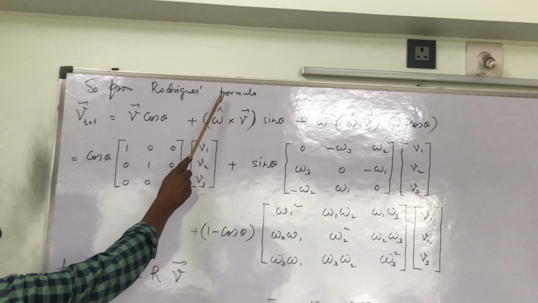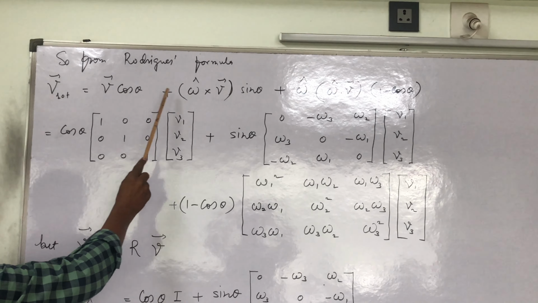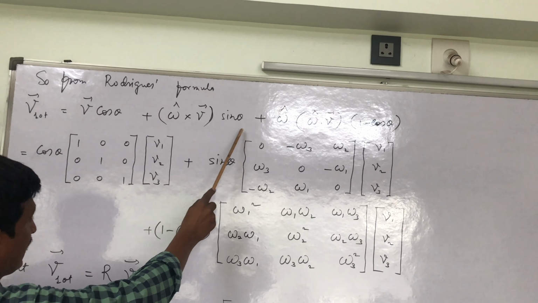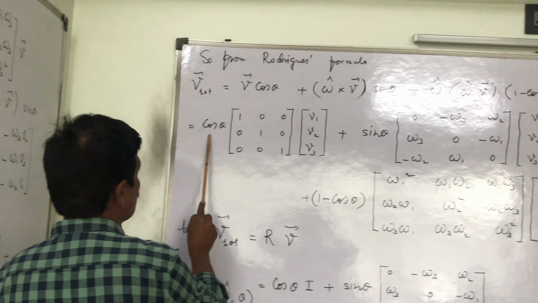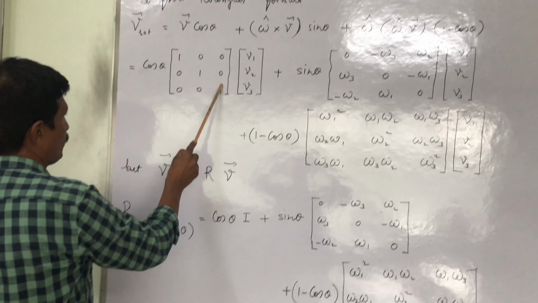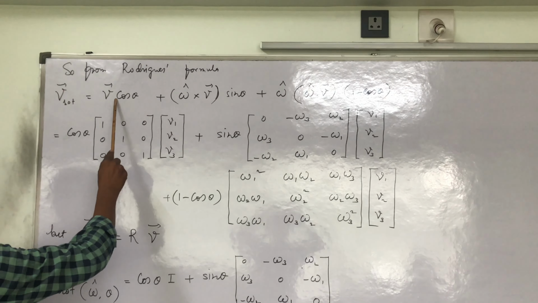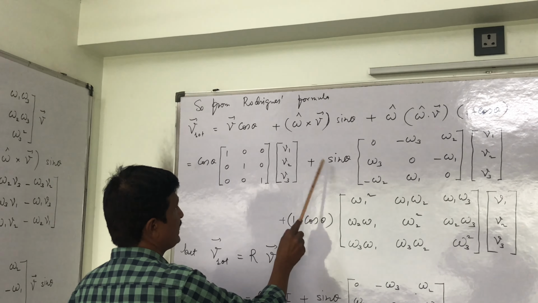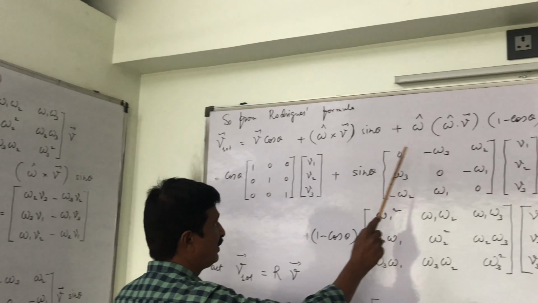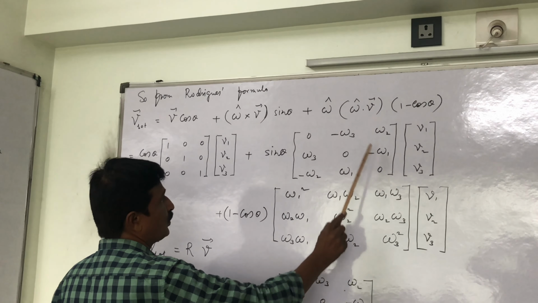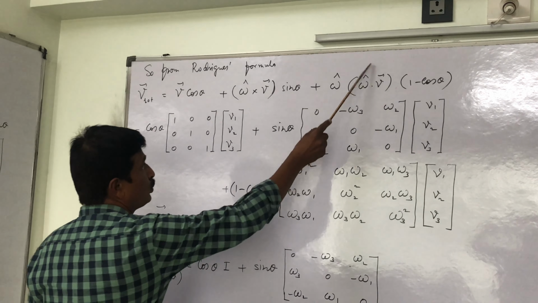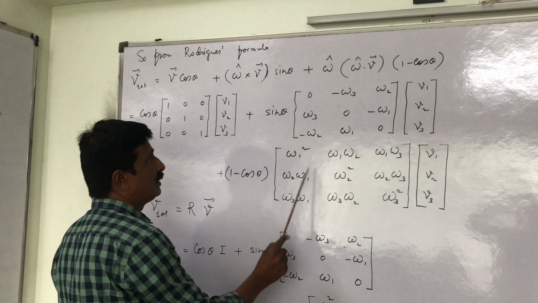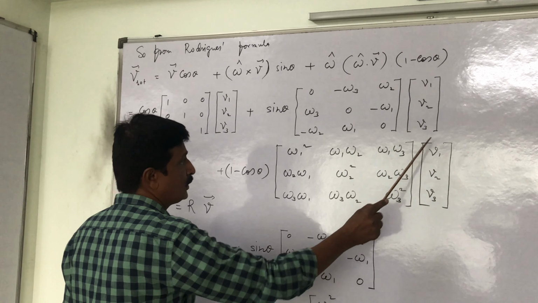Now from the Rodrigues formula, V rotation is V cos theta plus omega cap cross V sin theta plus omega cap into omega dot V into 1 minus cos theta. So cos theta into the identity matrix 1 0 0, 0 1 0, 0 0 1 times V, which is V1, V2, V3; sin theta as it is, times the omega cap cross V matrix we have obtained; and 1 minus cos theta times the matrix we have obtained already, into V1, V2, V3.